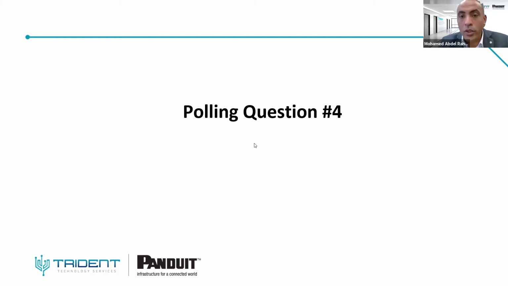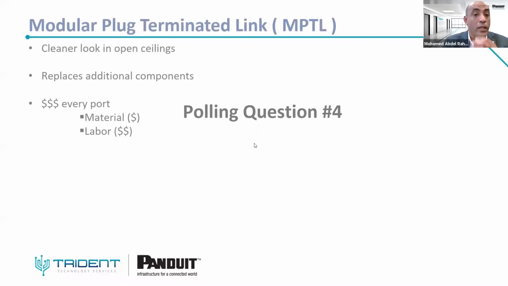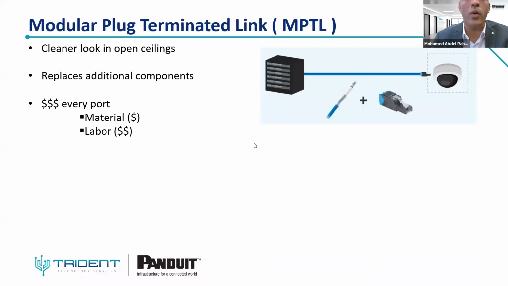So I think 41% do not know about the modular plug terminated link. So briefly, you can discuss it. It's very important also when you are going to have POE devices. The MPTL is called the modular plug terminated link. You run the horizontal cable directly to the device, so you can attach the RJ45 plug directly to the device.